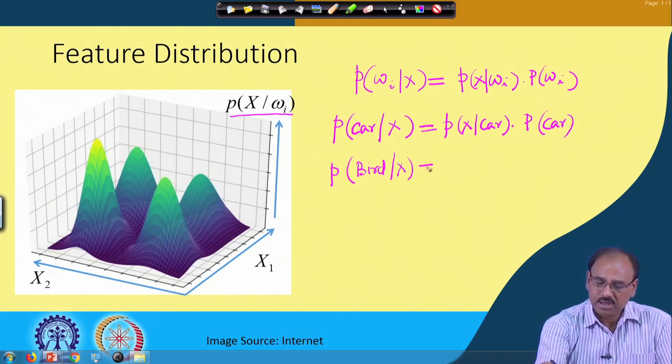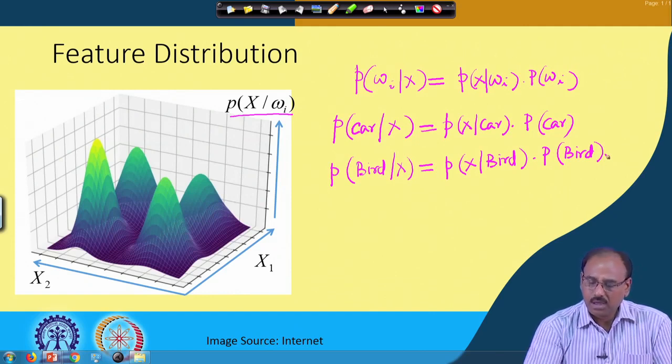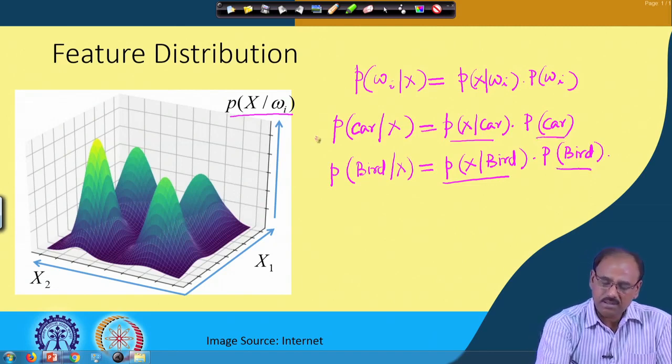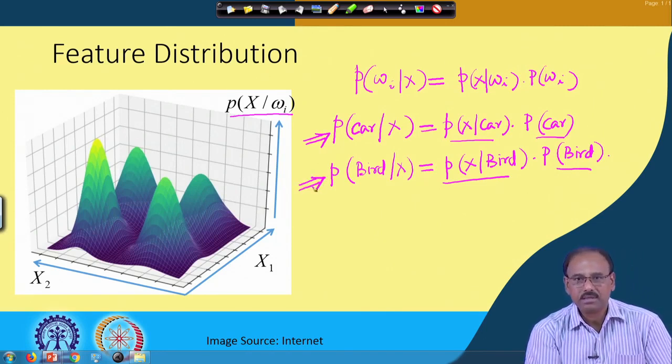Similarly, we compute P of x given bird into the a priori probability P of bird. So, these are my class conditional probability densities, these are the a priori probabilities, and from this we compute the a posteriori probabilities P of car given x and P of bird given x.